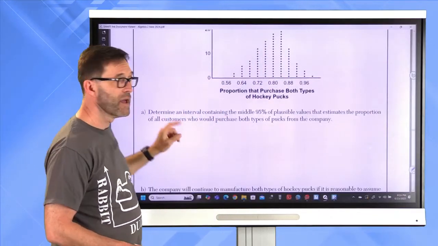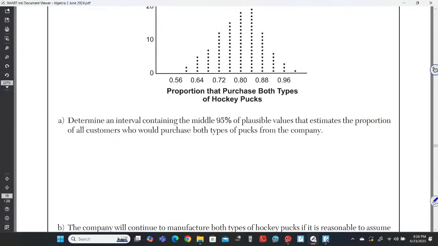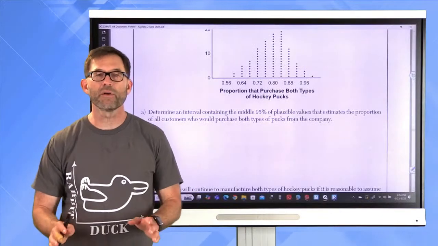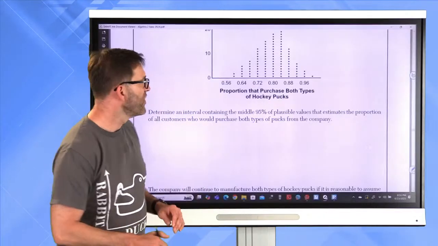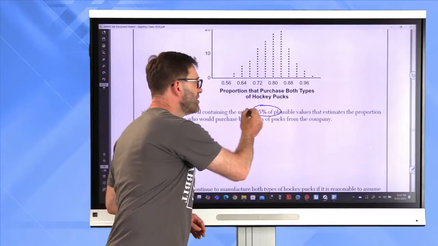All right, letter A. Determine an interval containing the middle 95% of plausible values that estimates the proportion of all customers who would purchase both types of pucks from the company. All right, this is a very, very common question, the 95% interval.